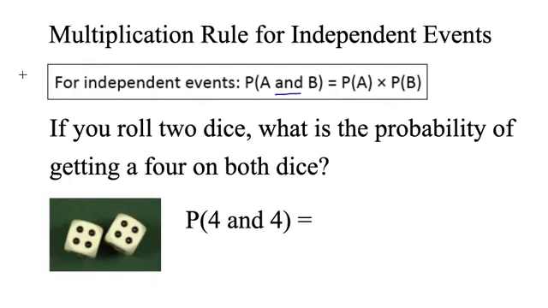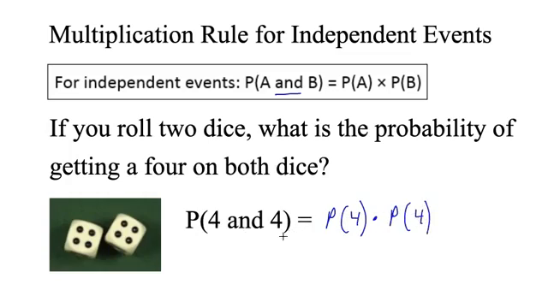So here's an example. If you roll 2 dice, what is the probability of getting a 4 on both dice? So to calculate the probability of getting a 4 and a 4, that would be the probability of rolling a 4 on the first die multiplied by the probability of rolling a 4 on the second die.